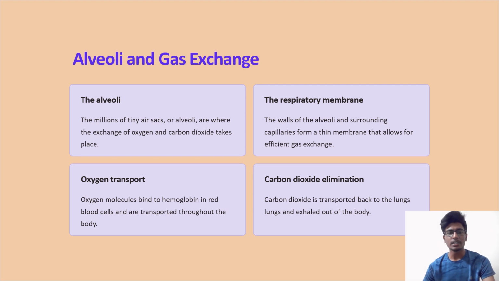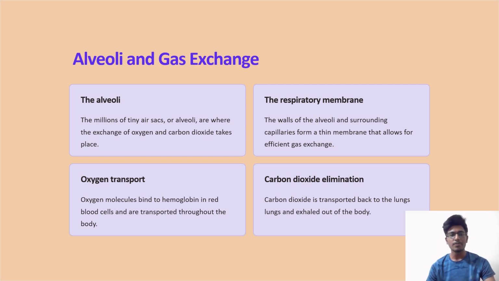Alveoli and gas exchange. The alveoli: the millions of tiny air sacs, or alveoli, are where the exchange of oxygen and carbon dioxide takes place. The respiratory membrane: the walls of the alveoli and surrounding capillaries form a thin membrane that allows for efficient gas exchange.